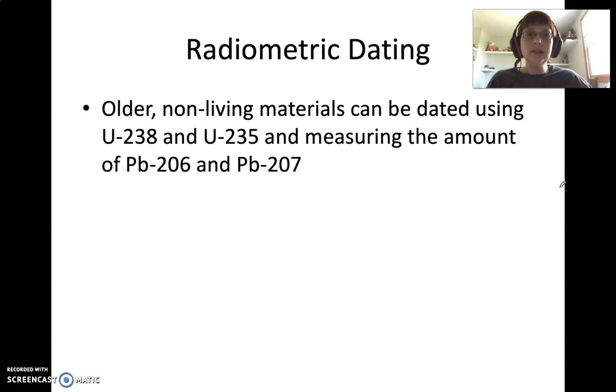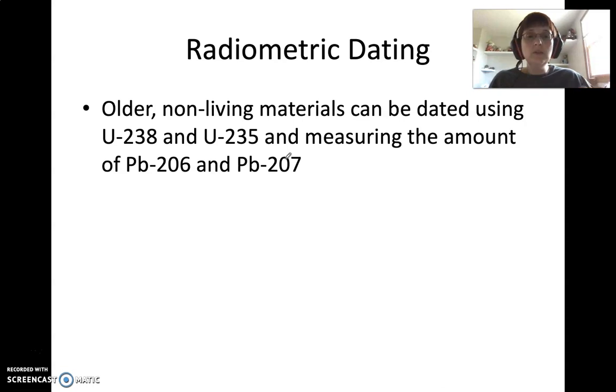So we can't necessarily date the former living materials, but we can date the rocks that they are saved in. The rock material that's around them was laid down, and we can use those rocks to measure the amount of uranium and lead, because uranium-238 breaks into lead-206, and uranium-235 breaks into lead-207 through its half-life.